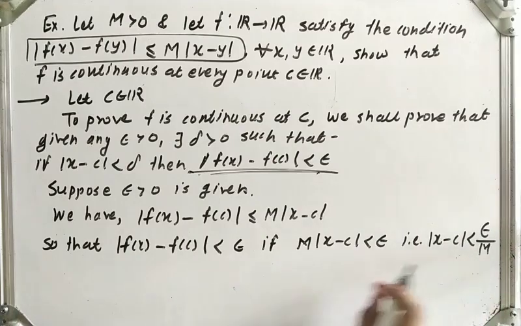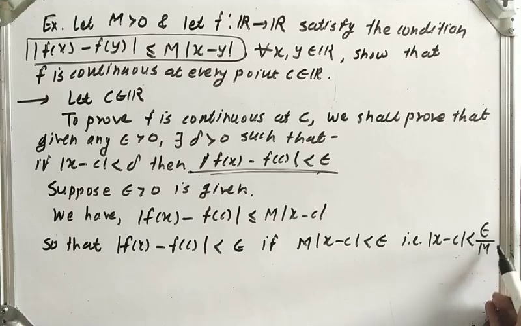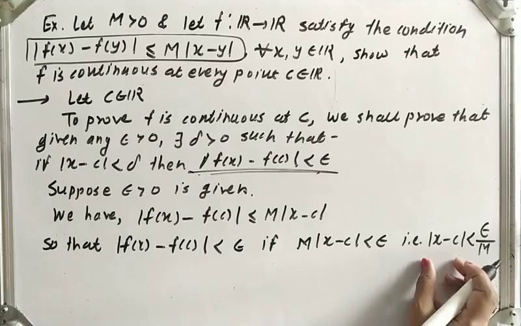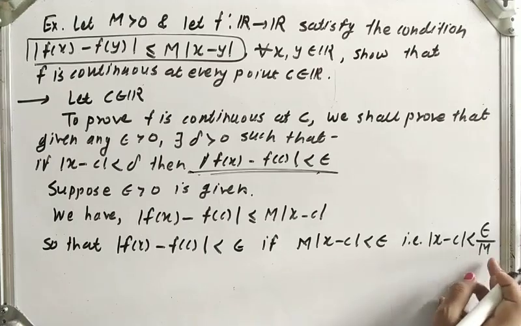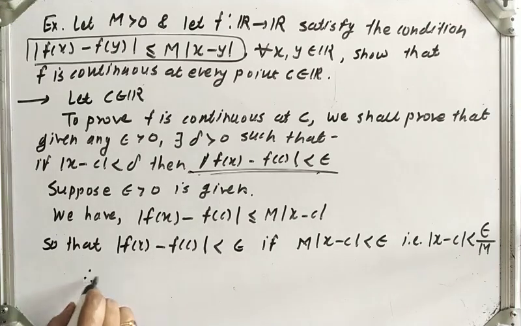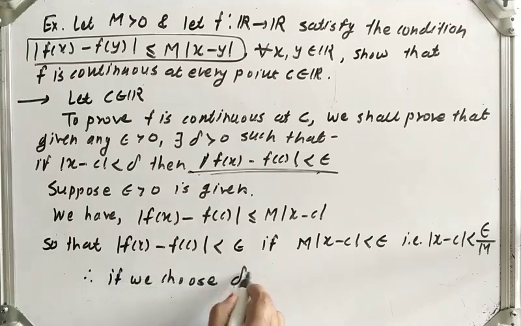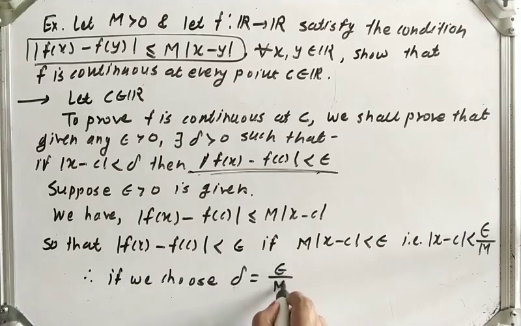Therefore, if we choose delta as epsilon upon m, then what happens? If we take delta equal to epsilon upon m, then mod of x minus c will be less than delta, and mod of f(x) minus f(c) will be less than epsilon.